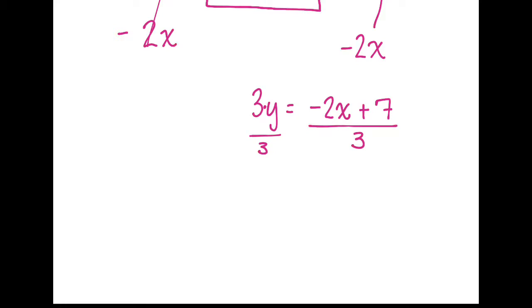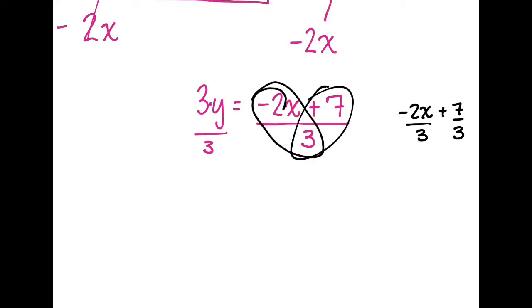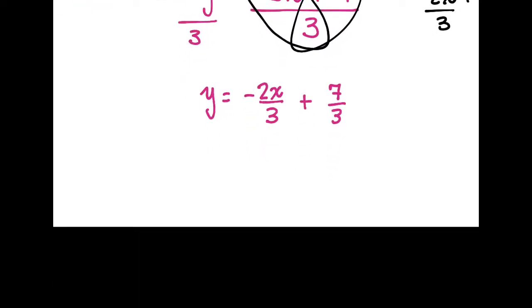Sometimes people have an easier time seeing what to do if they show each term divided by 3. So what's happening here is really I'm doing this. So y equals negative 2x over 3 plus 7 over 3, which may be easier to write as negative 2/3 x plus 7/3.